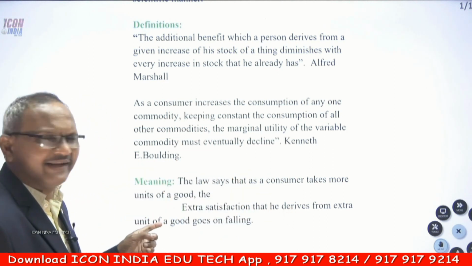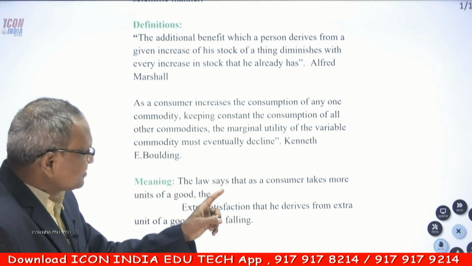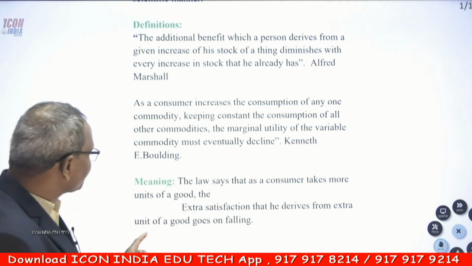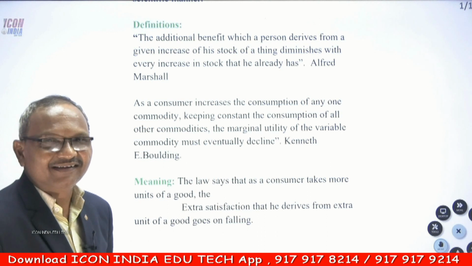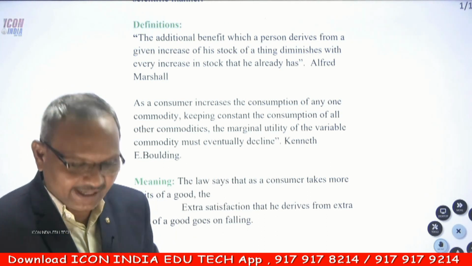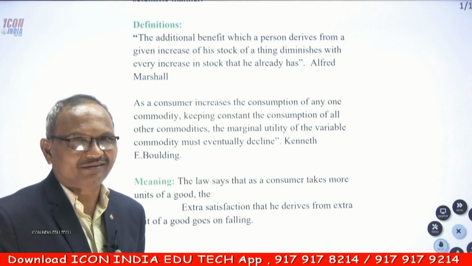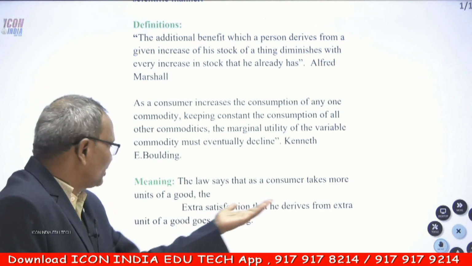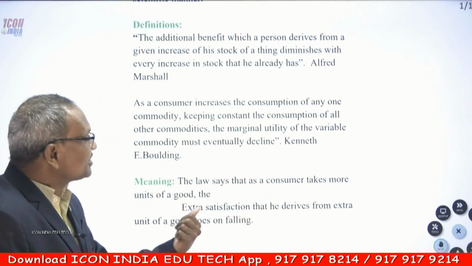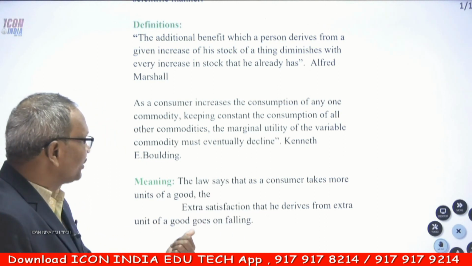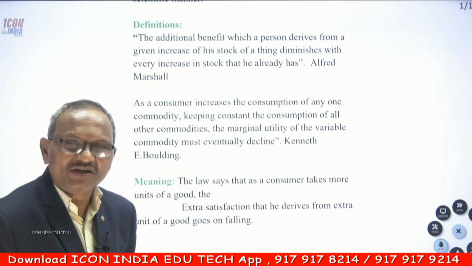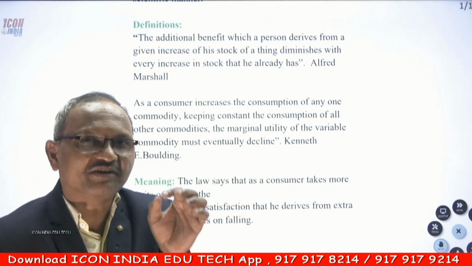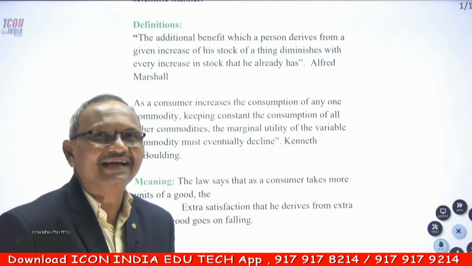Next, meaning. The law says that as a consumer takes more units of a good, the extra satisfaction that he derives from each extra unit of the good goes on falling. So in the Marshall definition and in the Boulding definition, the concept is the same. It means if a consumer consumes more and more units of apple, satisfaction from each additional apple gradually decreases.